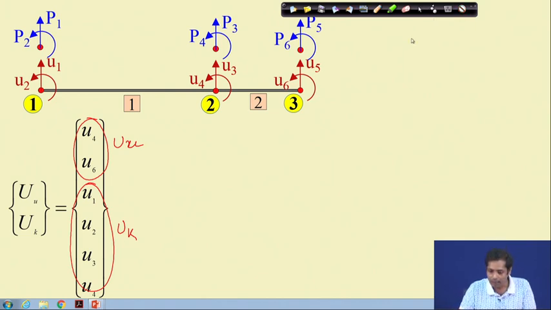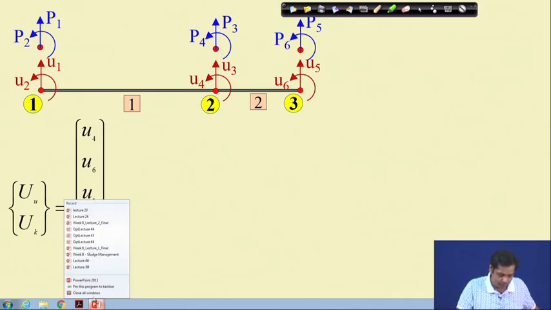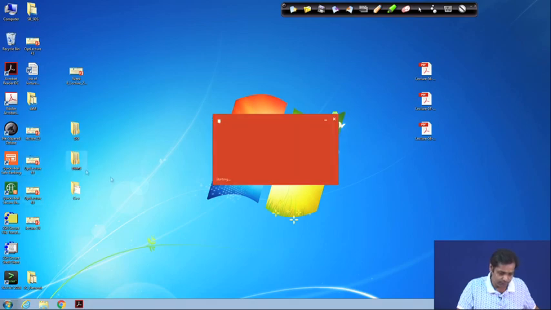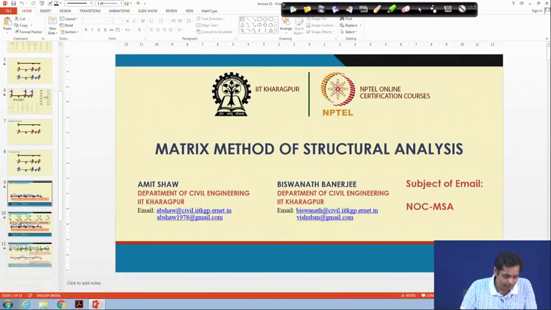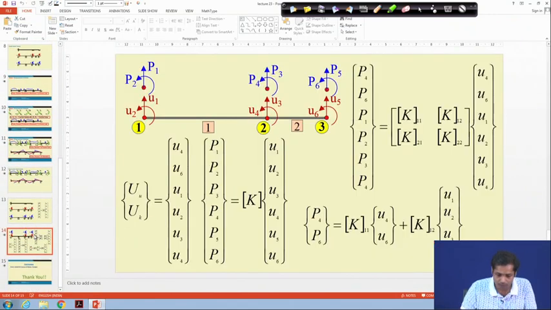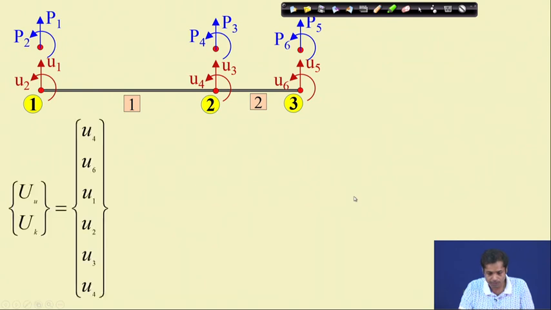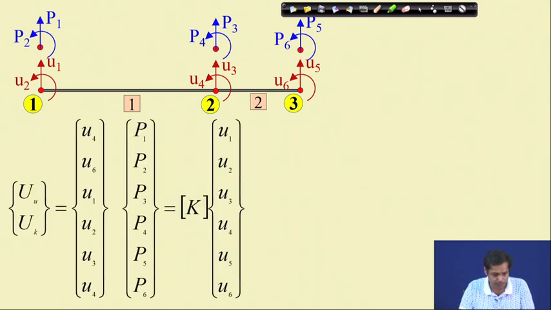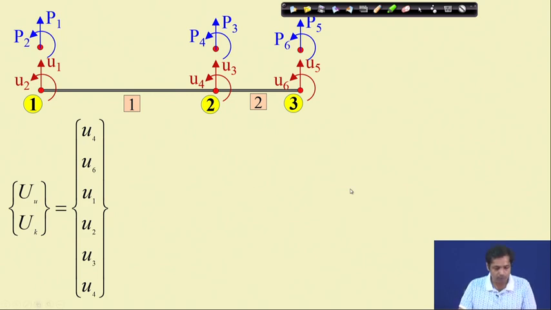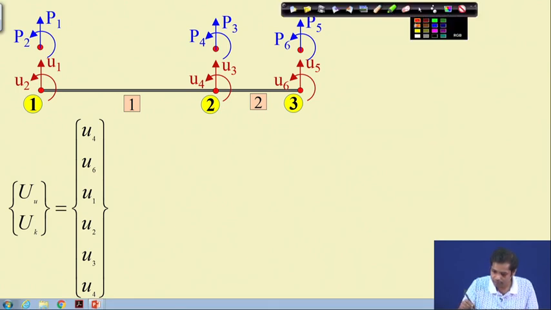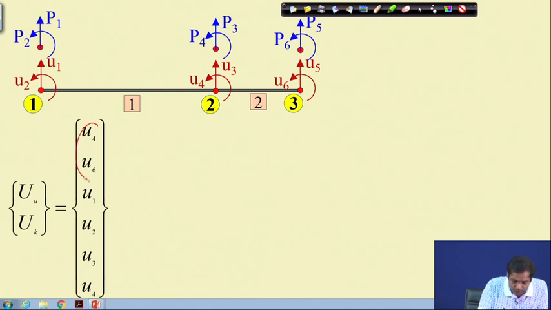Okay. Then what we can do is, so these are all known, these are all unknown displacement, and these are all known displacement.